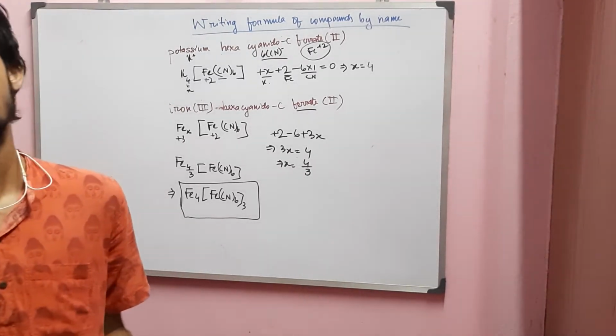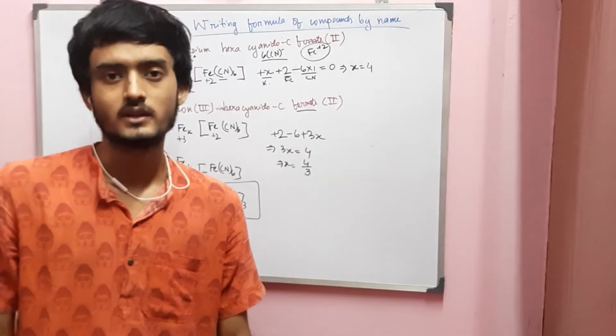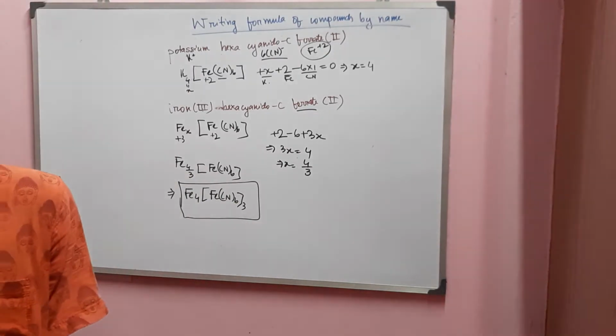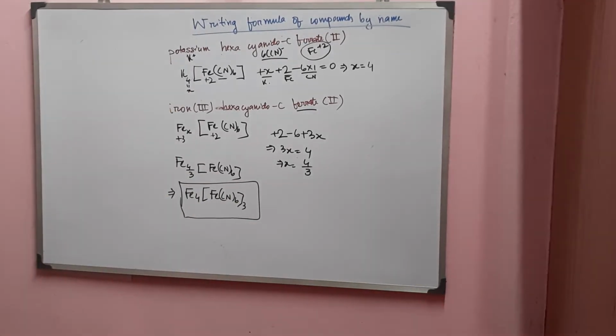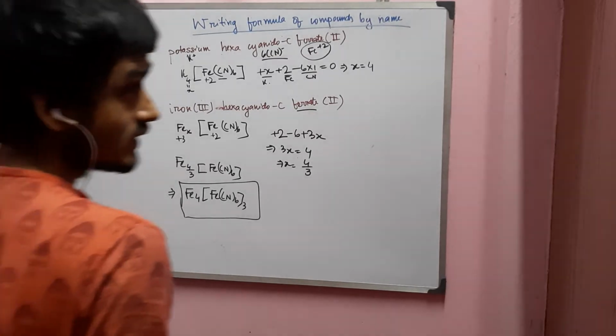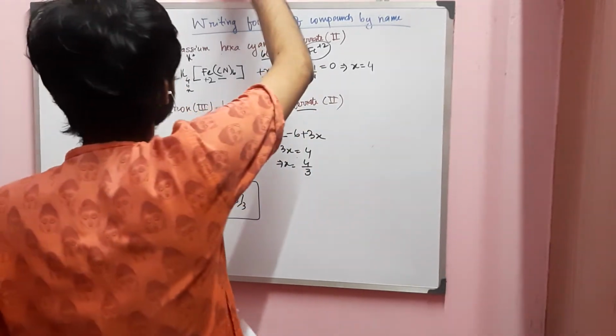I will be continuing the next topic after this, that is the methods of identifying which ion is in the outer sphere. But first, write down this. Okay, let's start the next topic.